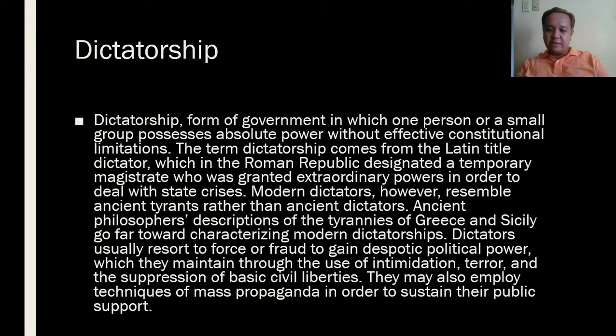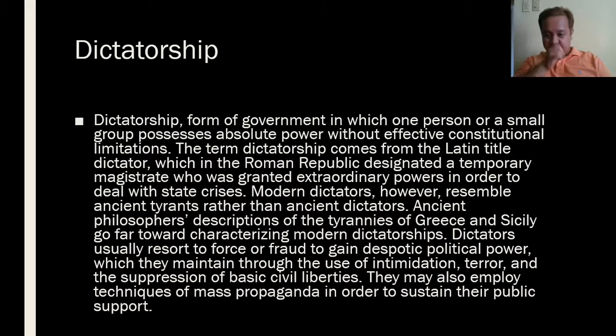Modern dictators, however, resembled ancient tyrants rather than ancient dictators. Ancient philosophers' descriptions of the tyrannies of Greece and Sicily go far towards characterizing modern dictatorship. Dictators usually resort to force or fraud to gain despotic political power.